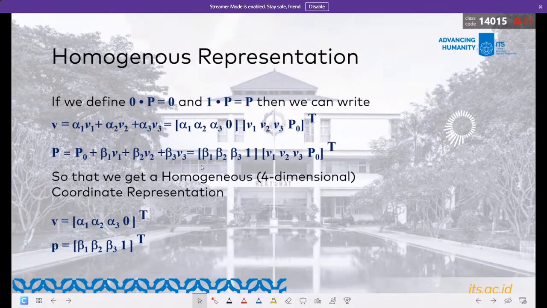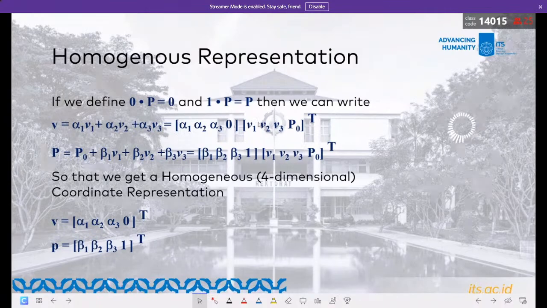That's called homogeneous representation. Let's recall the equation that I mentioned previously: 0 multiplied by P, a point, is equal to 0, and 1 multiplied by P is equal to P. In this case, we can derive the formula, for this vector equation, and put it just like a matrix multiplication, if you still remember.